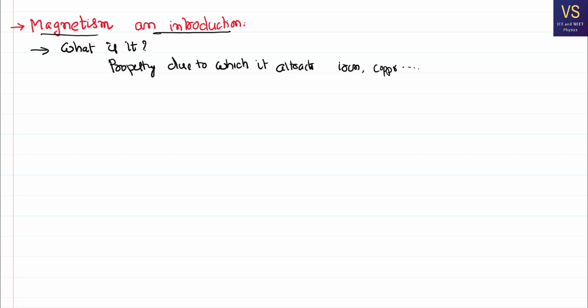This property comes naturally to certain materials, certain metals. They are naturally available, something like Fe3O4. These kinds of materials, which naturally have this property of attracting other metals, could be called natural magnets.